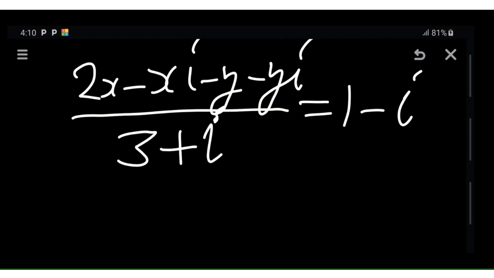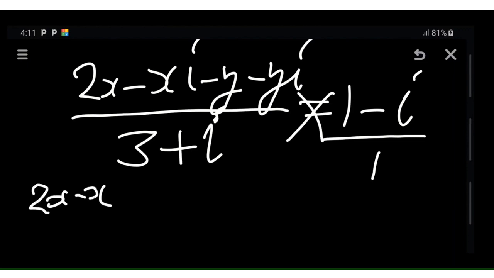See, it is becoming simple now. So just divide it by 1. You cross multiply from here. So when you cross multiply, you're having 2x minus xi minus y minus yi.